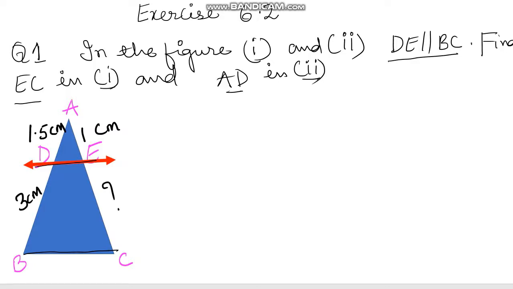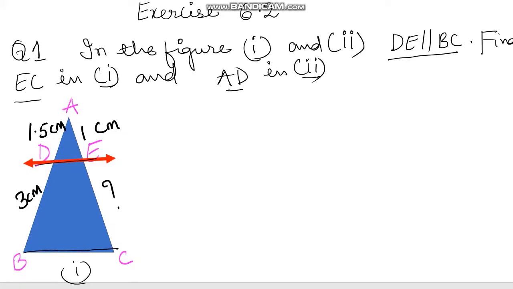So first we shall go with this figure 1. This is figure 1. The figure which is present on the screen is figure 1. Now see here, you have AD equal to 1.5 centimeter, DB equal to 3 centimeter, AE 1 centimeter, and you have to find EC.